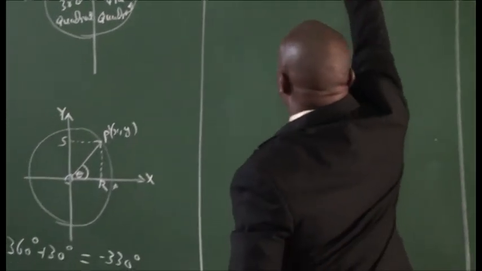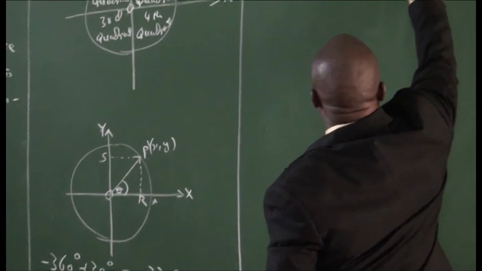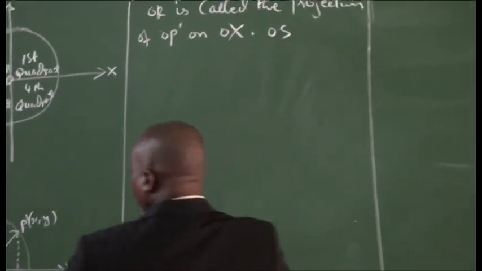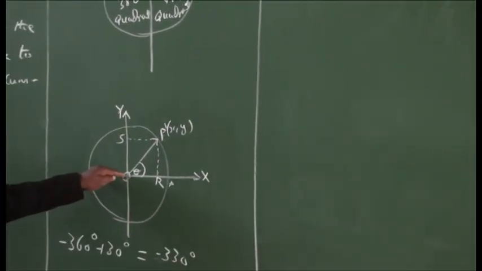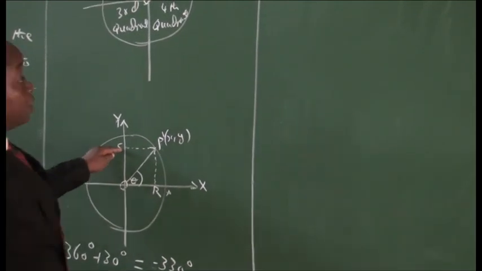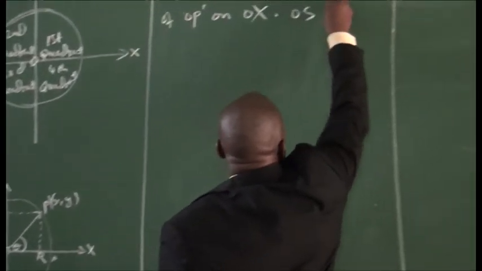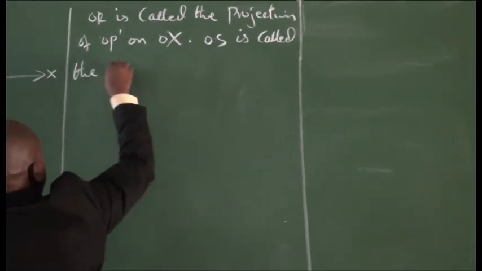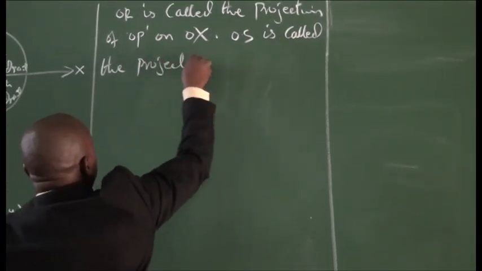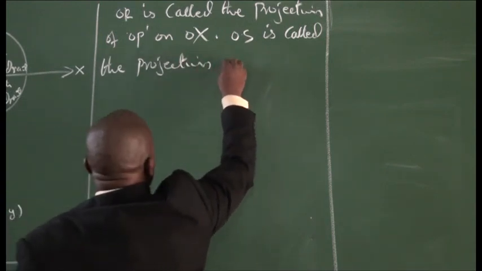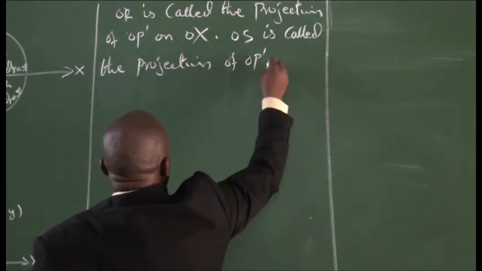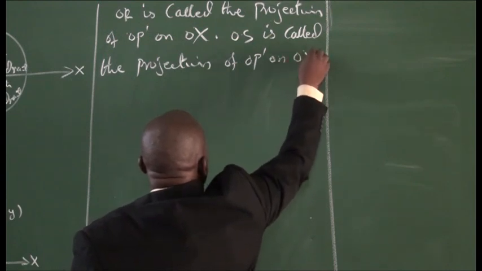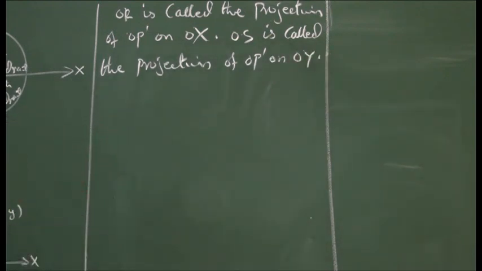All right. Similarly, OS, from here to here, is called the projection of OP prime on the OY axis.